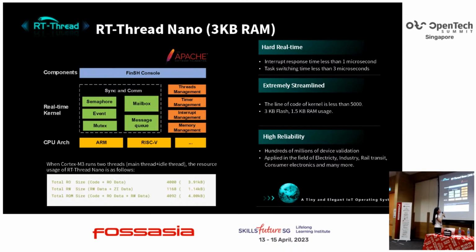The Artifra Nano maintains a simple kernel with less than 5,000 lines of code, and the resource consumption can be as low as 3 KB flash and 1.5 KB RAM. It has high reliability and has been applied in the electricity industry, consumer electronics, and a lot more. To help you better understand the Artifra Nano, it's just a simple kernel.